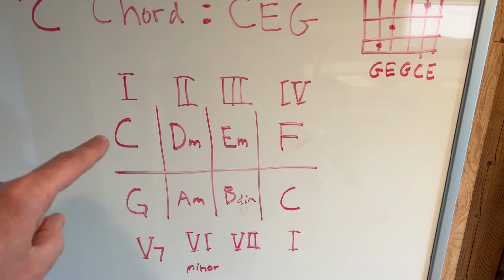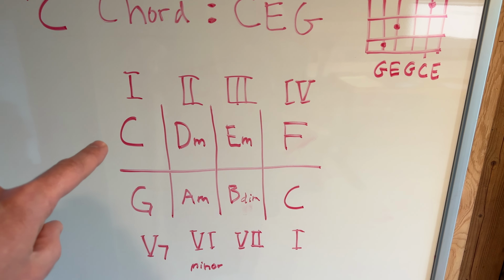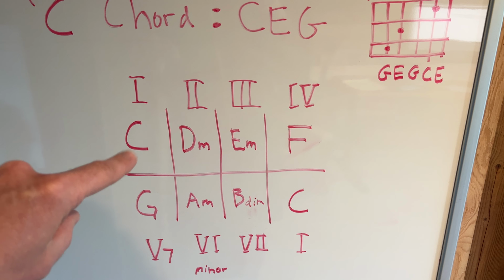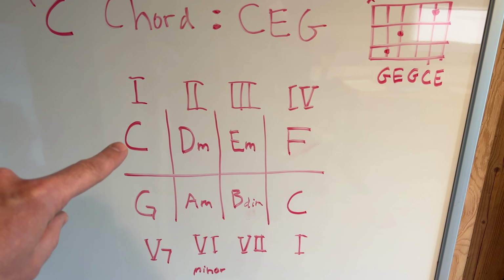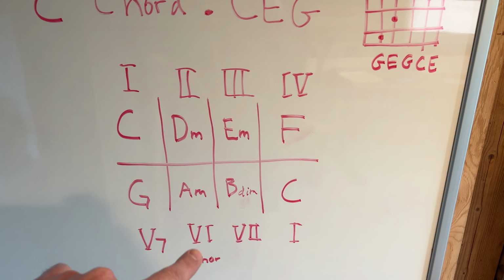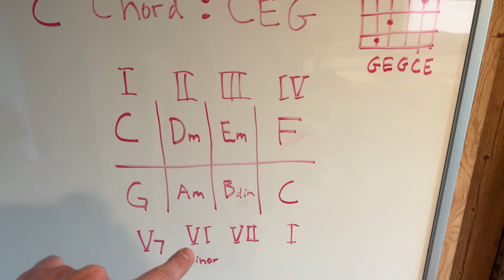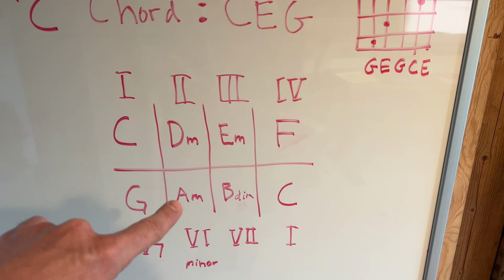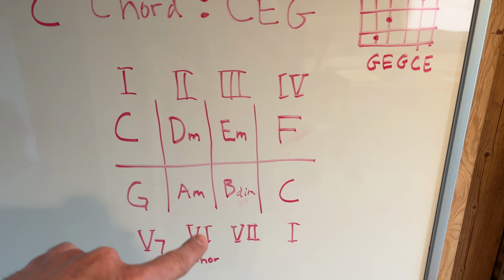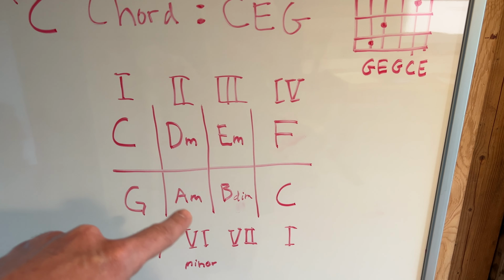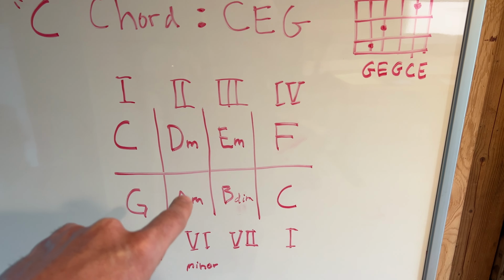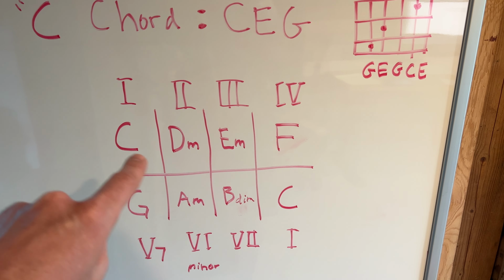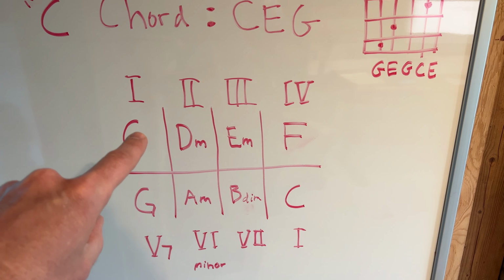Now, the really important chords: obviously the first one, our first chord, is a C chord. The C chord has a natural minor, and the natural minor is A minor. We'll talk about that when we do minor scales, because A minor is the natural minor of C. Whatever chord is in this position as we progress forward will always be the natural minor of whatever key we're in.